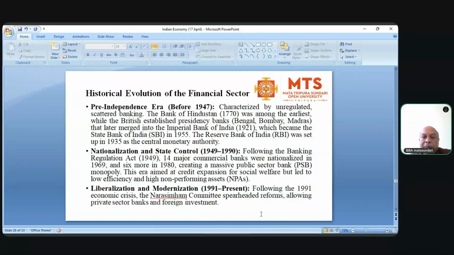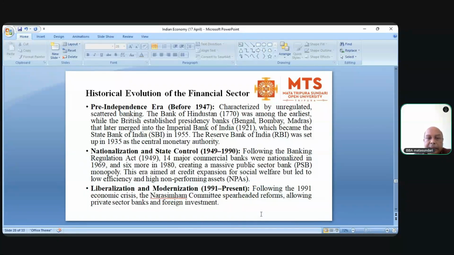Nationalized means private banks converted into government banks or public banks. And in 1980, 6 more private banks were converted into government banks. In this way, the government was able to remove the monopoly of the private sector in banking service.